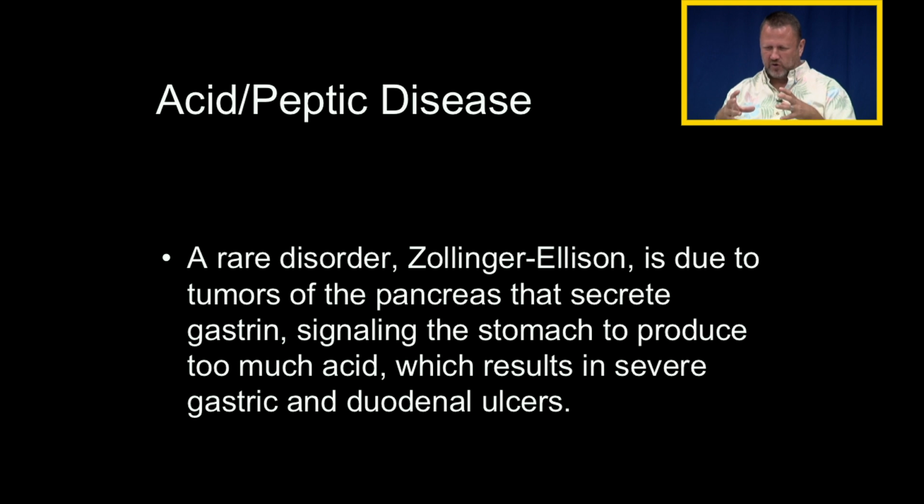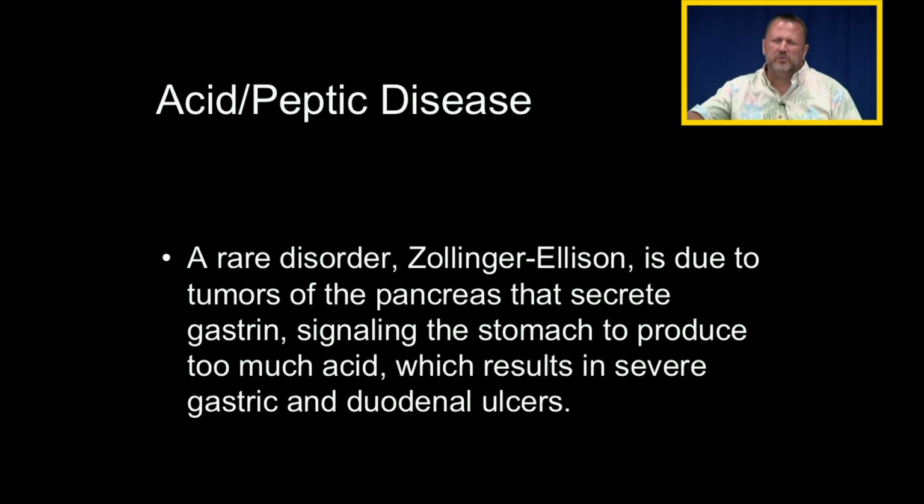When the stomach is stretched, it makes gastrin, and that stimulates gastric acid secretion. That's how it's normally supposed to work. In ZE, it's a tumor of the pancreas that begins to secrete gastrin. And this gastrin coming from this tumor signals the stomach to start making way too much acid. And that results in very severe acid peptic disease, gastric and duodenal ulcers.